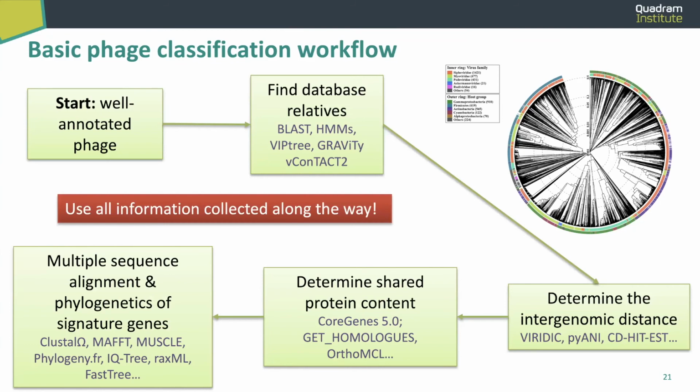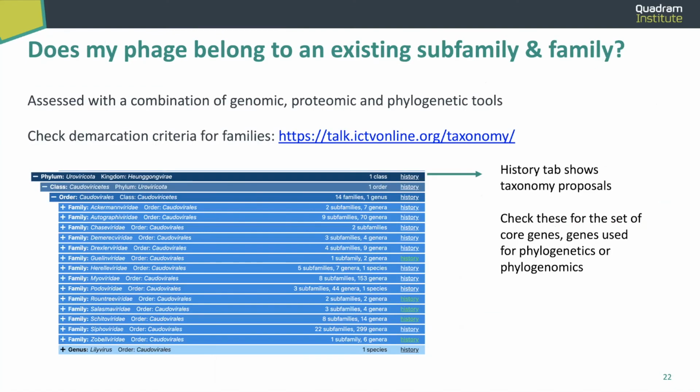So this is the intergenomic distance. Then we get to the shared protein content. And then we are in the realm of, does my phage belong to an existing subfamily and family? This is assessed with a combination of genomic, proteomic, and phylogenetic tools. One of the things that I can suggest to you is we have recently defined a whole number of new families of tailed phages.